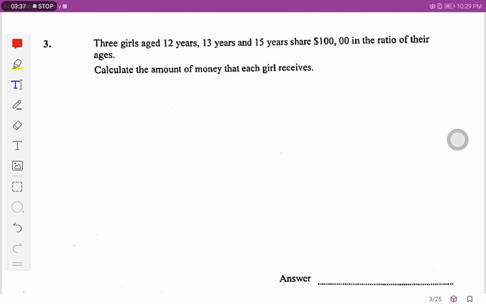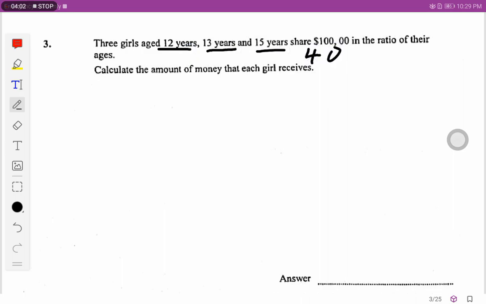3 girls aged 12 years, 13 years, and 15 years share $100 according to the ratio of their ages. So we are asked to calculate the amount of money that each girl receives. For the first girl, the total of their ages is going to be 12 plus 13 plus 15, we get 40.